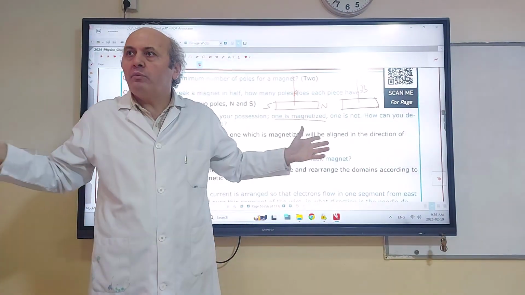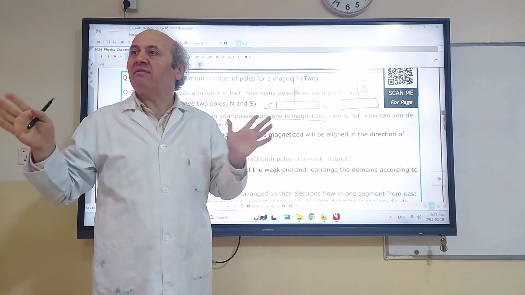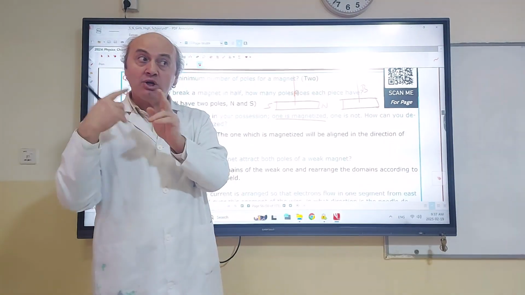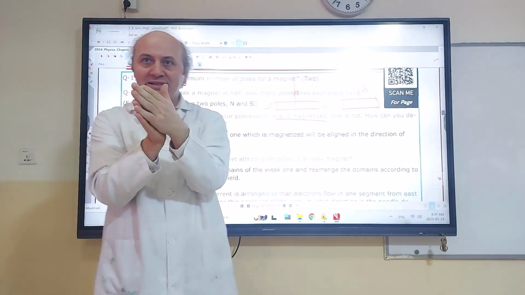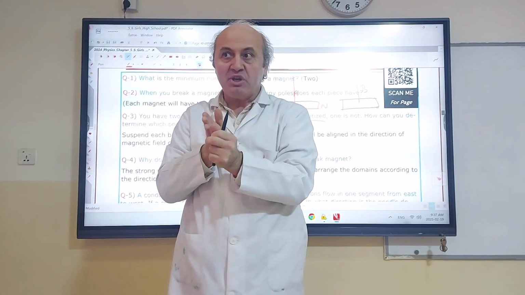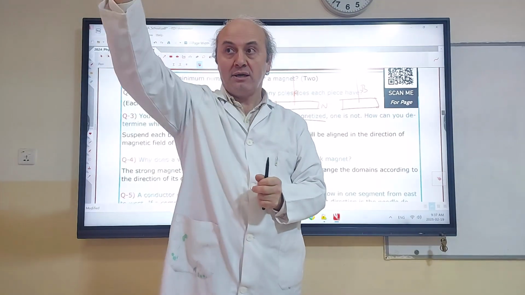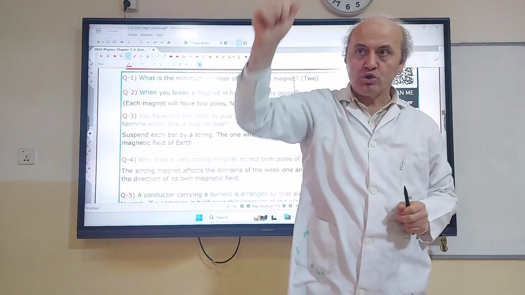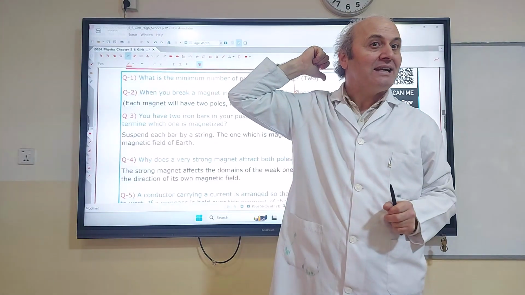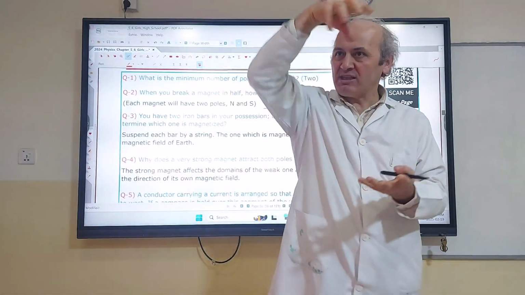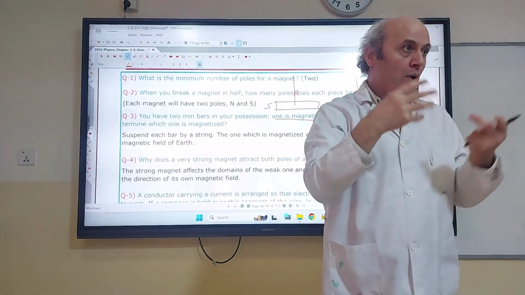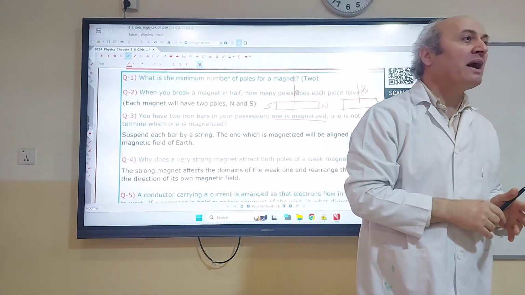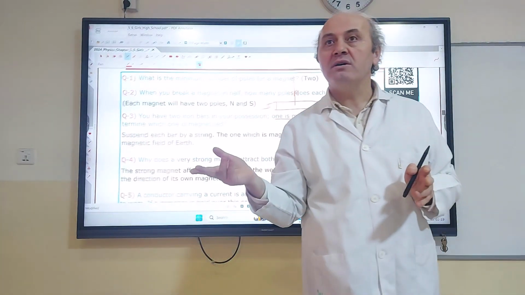But the other one, however you suspend it, will stay as it is. It will not rotate. The one which is magnetized will rotate until its length is in the direction of south and north. N pole points north, S pole points south. So by suspending them, by making them able to rotate, we can understand which iron bar is magnetized, which one is not magnetized.